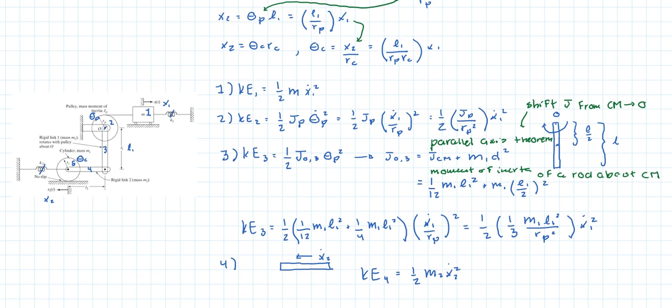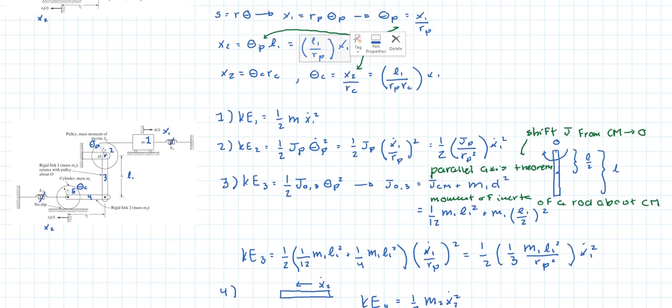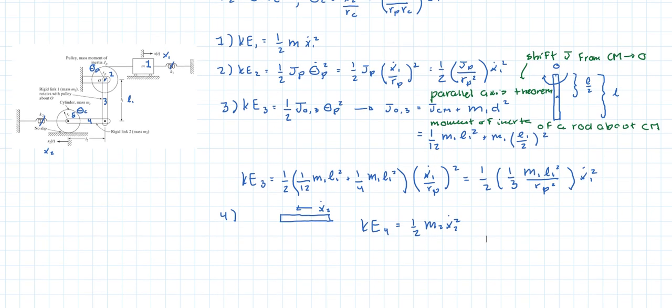And remember that we said that x sub 2 was equal to L1 over RP times x1, put the dot here.